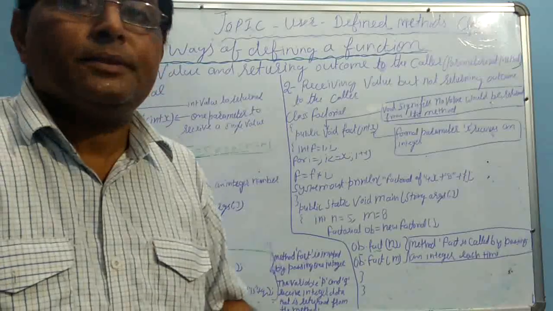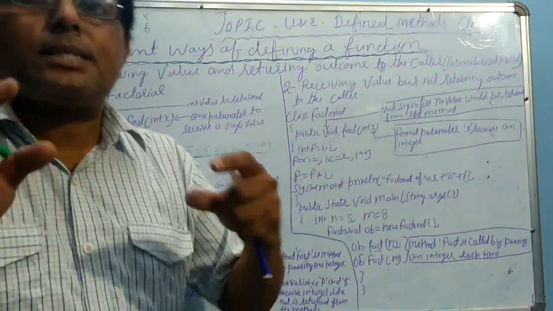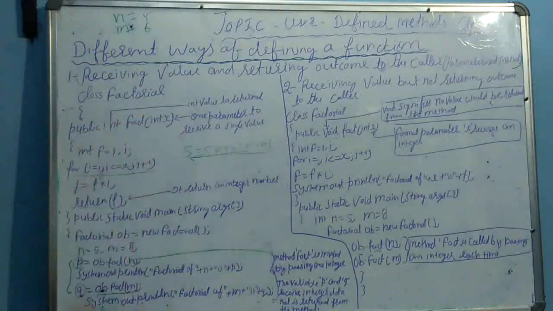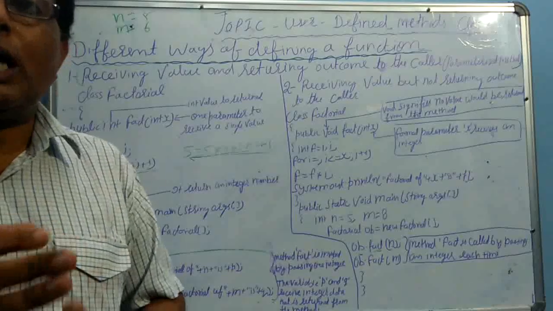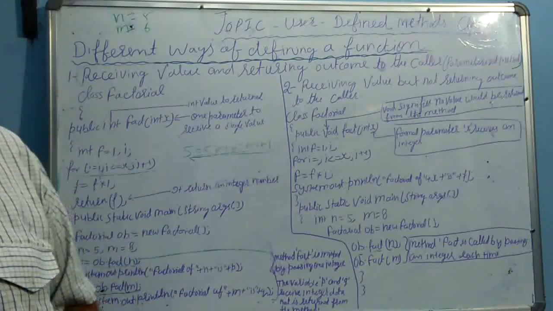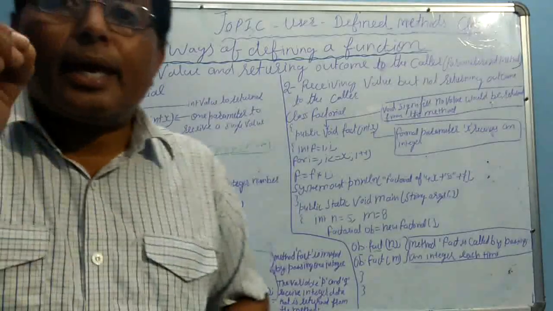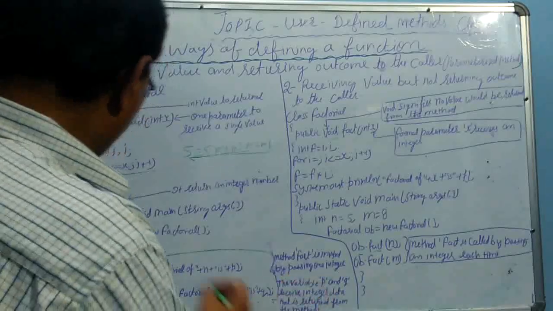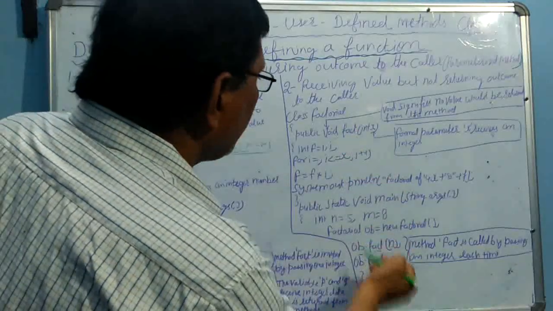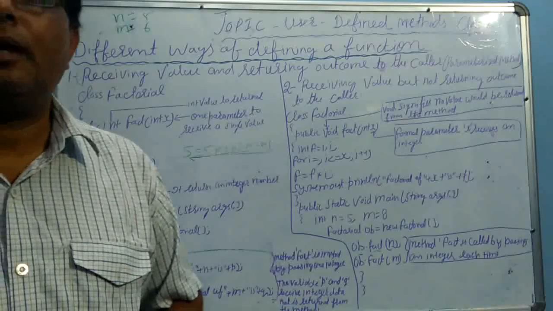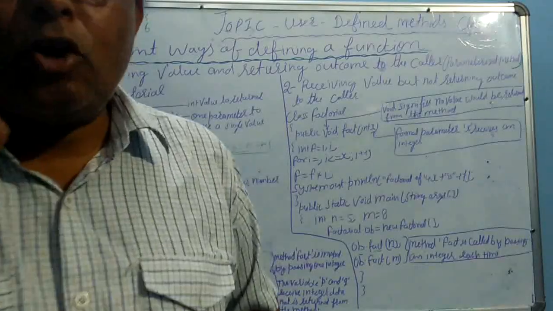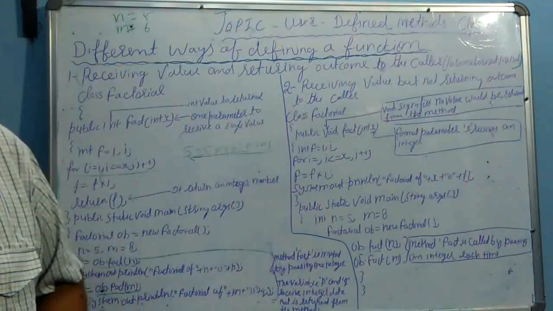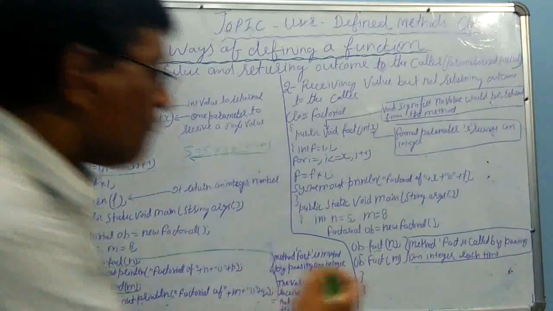In fact, the control will simply return to the calling statement without carrying any value, meaning no value will be carried, because printing of the factorial is already done in the function.